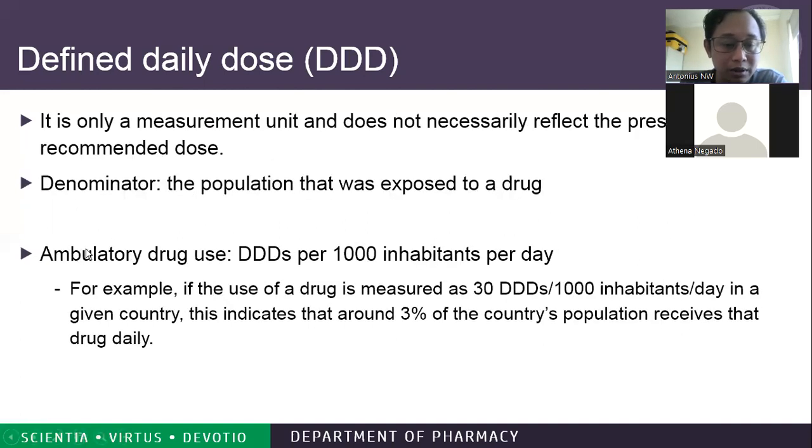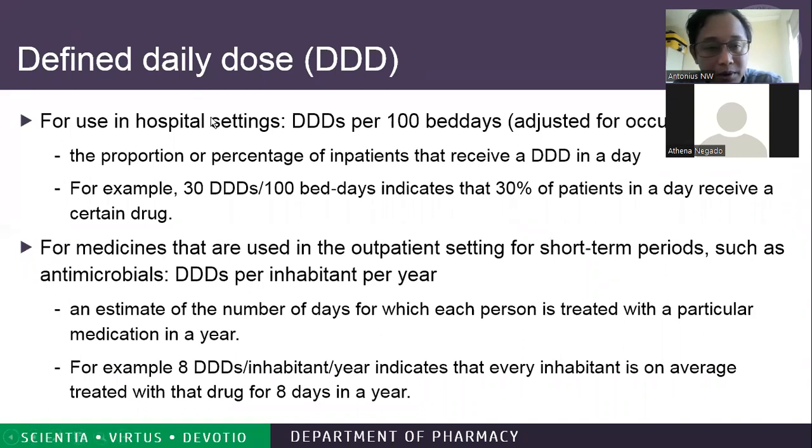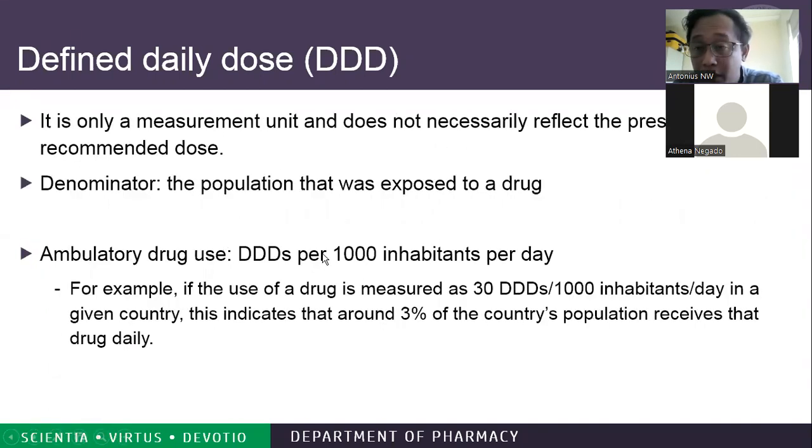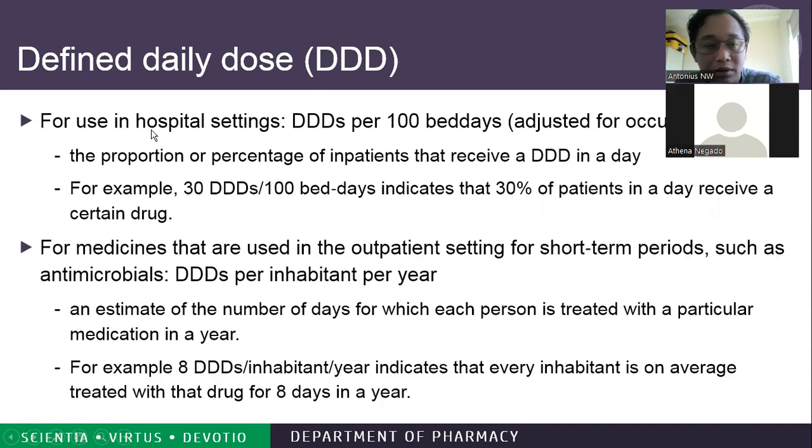The defined daily dose can be used for ambulatory drug use and can be used as well in the hospital setting. You may see that the measure is different. This one is DDDs per 1,000 inhabitants per day, while in the hospital setting it is DDDs per 100 bed days.